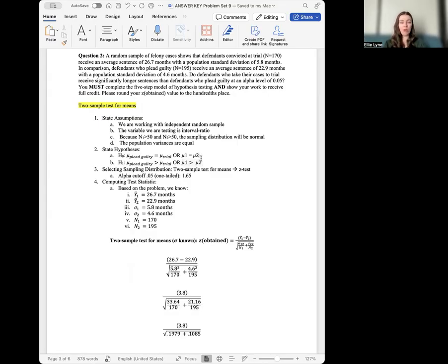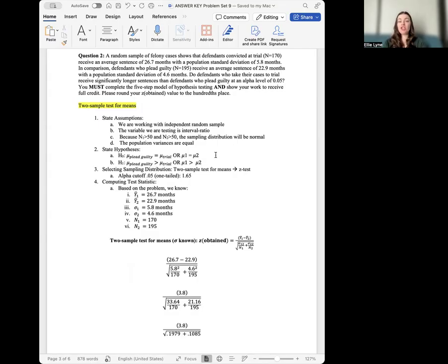It's a Greek symbol. And so I have our statement of no difference for our null. So again, we are using the equal symbol to designate that. You can either say it in plain language, so our group of those who pled guilty against those who went to trial. You can also just say that with mu group 1 equals mu of group 2. So either of these are acceptable.